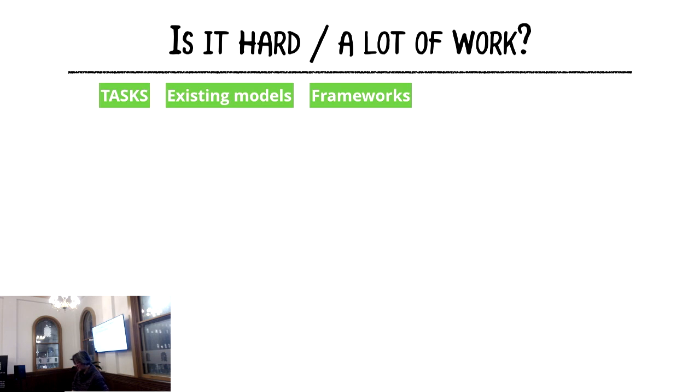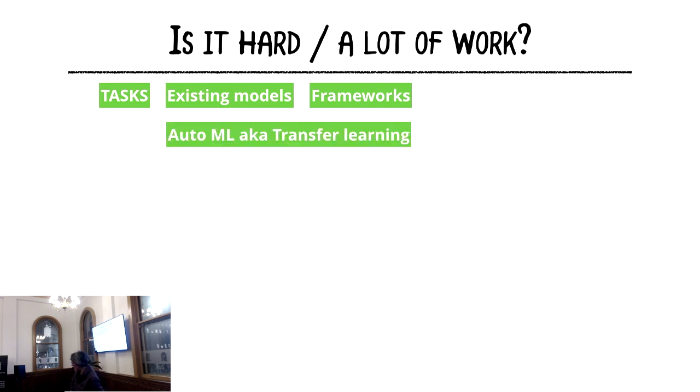But there's CreateML and Turi Create. They let you customize existing models with your data. Okay, so you're not stuck using a model that was trained on whatever ImageNet or something like that. You have your own images or your own text that you want to classify. You can train one of these heavy-duty models with your data.